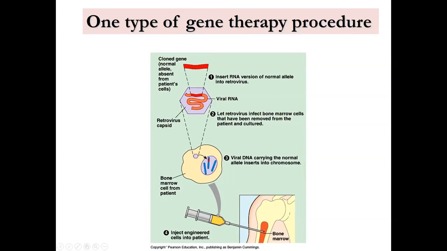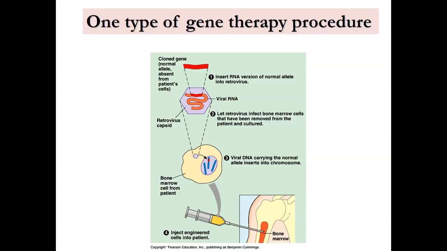So this is the gene therapy. You take a piece of gene. You can attach that to a virus RNA, a retrovirus, and use the virus to transfect a human cell. The cell that you have taken from the patient first, you put the genes into the virus, and you take that virus and infect the person's cells with it. In this case, the bone marrow cells.